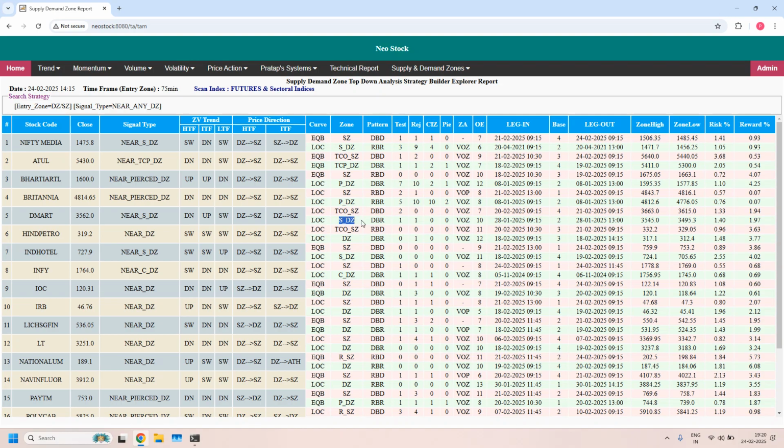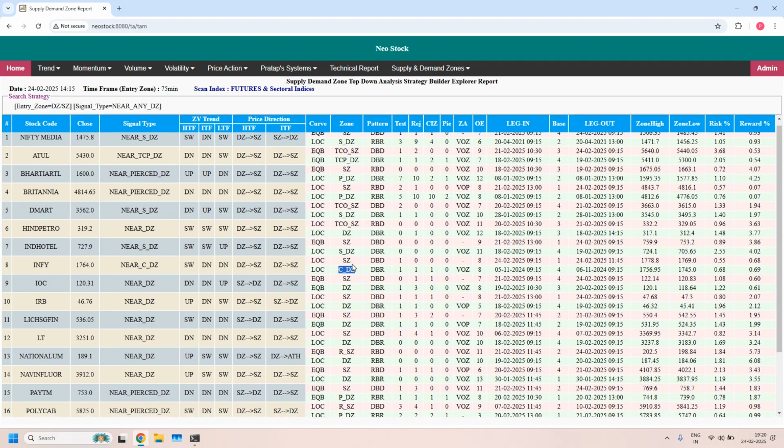Okay, DMart is having a valid 75 minutes high liquidity demand zone. Next, Indian Hotels is having a high liquidity 75 minutes demand zone. Next, Infy is having a high liquidity 75 minutes demand zone.